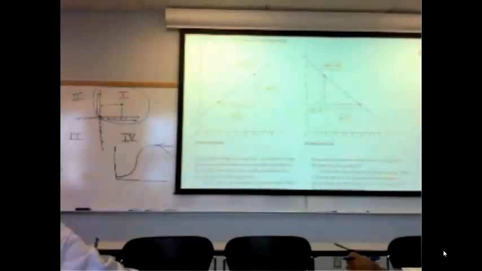Our change in x is equal to a positive 10. So our rise over our run between points A and B is negative 4 over 10, 4 tenths, negative 0.4. And that's the slope of this curve between those 2 points.